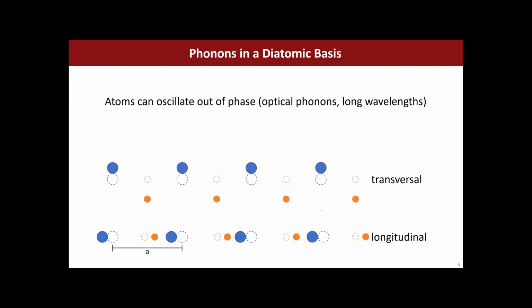Here we see the transversal out of phase motion, and these out of phase phonons are called optical phonons. In general, each crystal has 3 acoustic phonons, and the rest of the phonons are optical phonons. Here's a longitudinal optical wave.